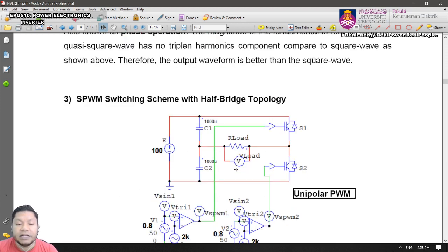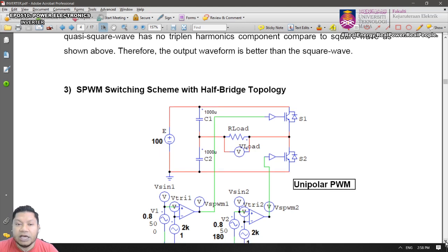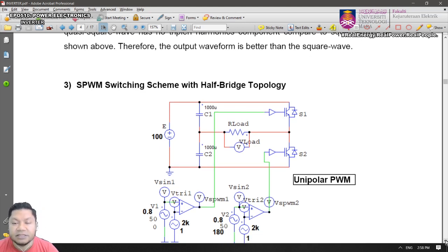Okay, the technique number 3, the third technique, is by using SPWM, sinusoidal pulse width modulation. Again, you have learned this during your communications subject, when we talked about digital, amplitude modulation, frequency modulation, and also data modulation, digital modulation.